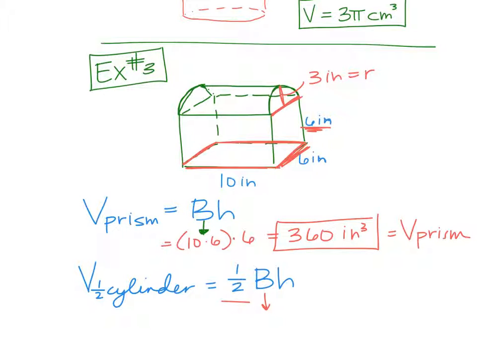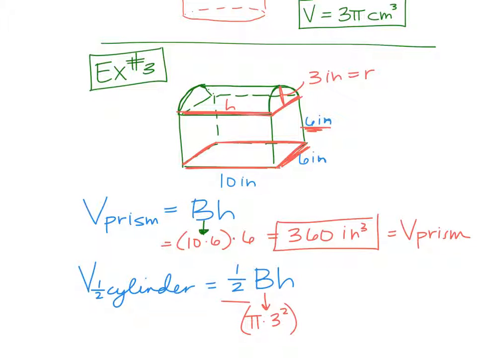So if we're doing the area of the base, what's the area of that circle? Pi times, what'd you say? 3 squared times pi, right? So it's pi times the radius squared would be our B. And then what's H? It's the 10. It's the distance between the two circles is our H, right?